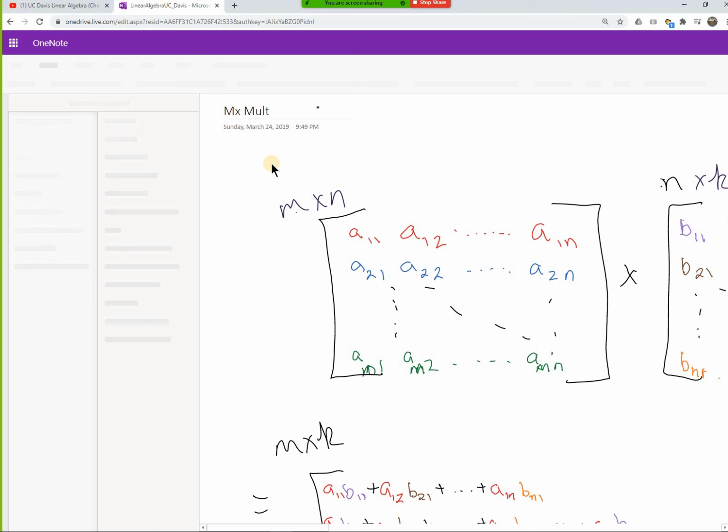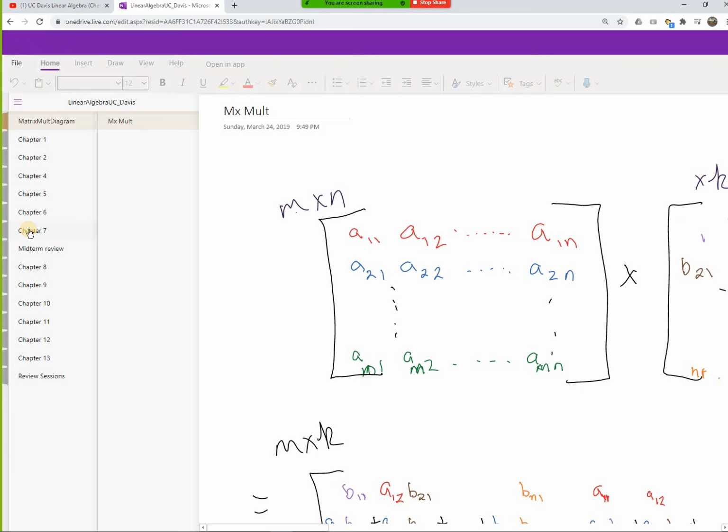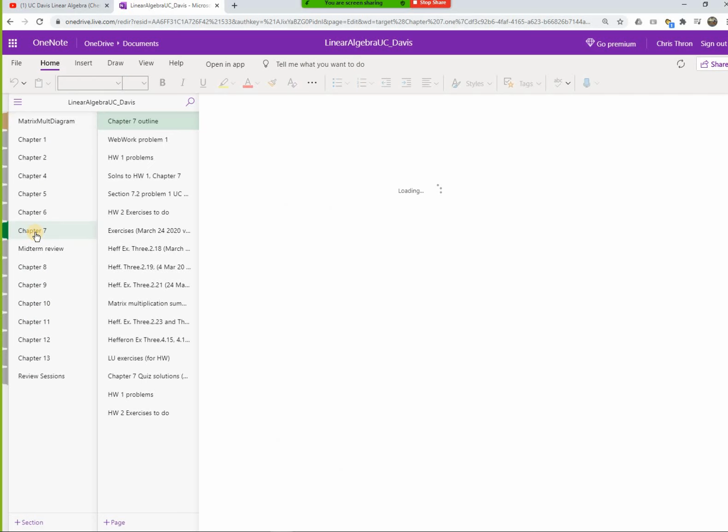Matrix multiplication. It'll take a minute. All right, so chapter 7. Not the fastest response. But once it goes to chapter 7, then the tab should show here. There we go. So it should show here.